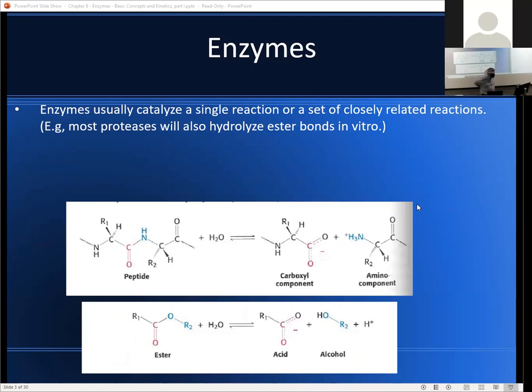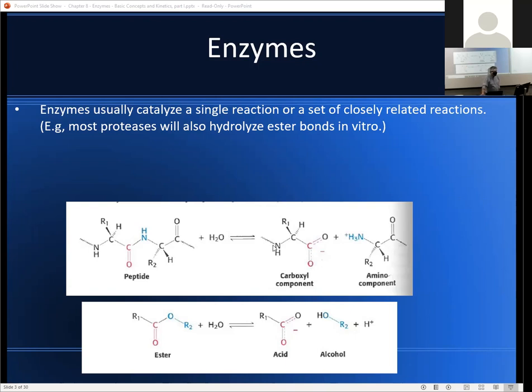Enzymes usually catalyze a single reaction or a set of closely related reactions. For example, most proteases will also hydrolyze ester bonds in vitro. So, like I said in the previous slide, enzymes are very specific for their substrate. Generally one enzyme will act on one substrate and catalyze one particular reaction or very closely related reactions.